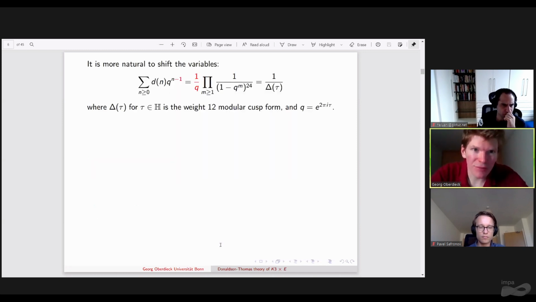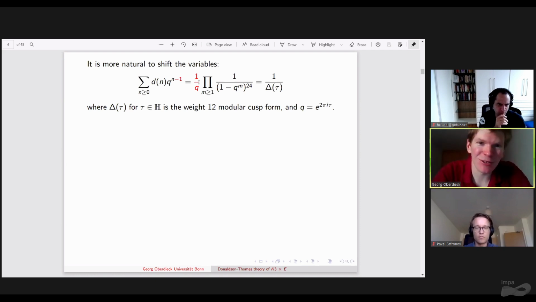From a modular forms perspective, it's natural, instead of taking the generating series of d_n q^n, to shift the exponent of q^n by -1. On the right-hand side this means you divide by q. Then, taking out the textbook on modular forms, you see that this is exactly 1 over the discriminant function of tau, the weight 12 modular form of Kaspar.